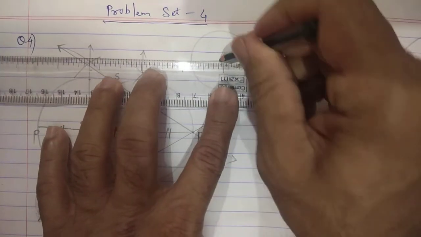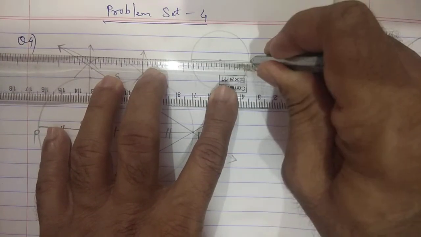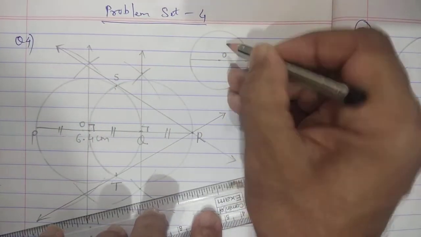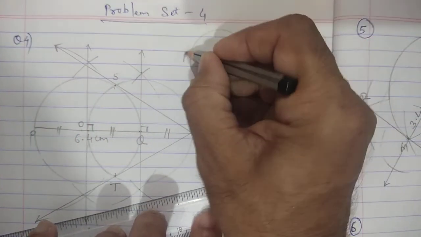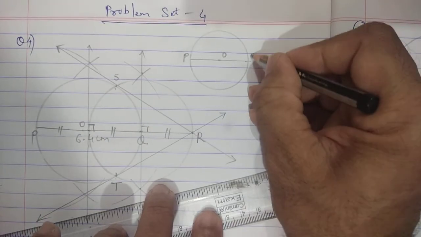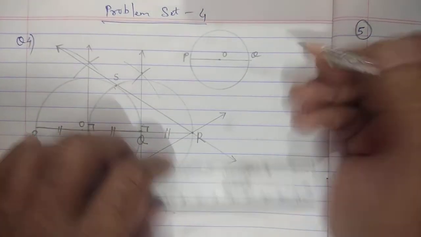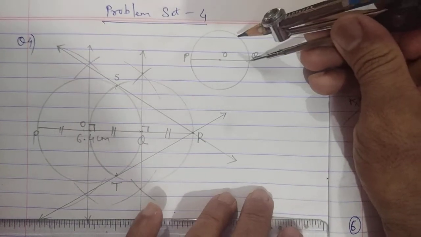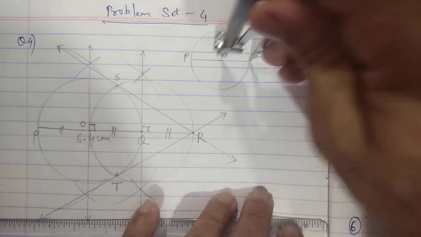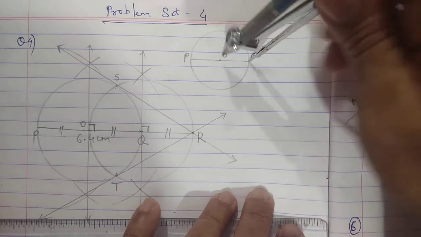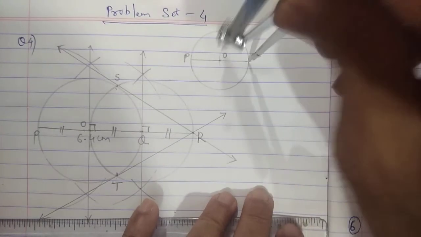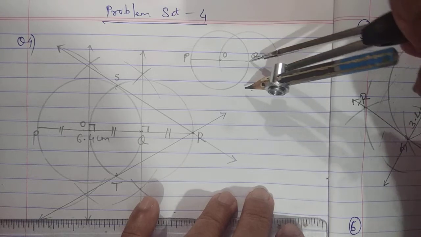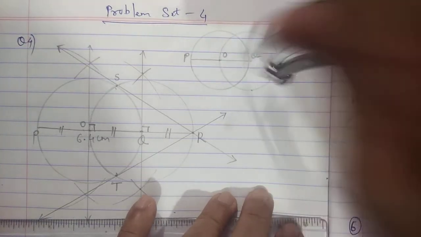So this is your point O, point P, point Q, right? And according to that now you draw another circle from point Q with the same radius. As soon as you get point Q, draw another circle with the same radius. So both the circles will be of equal size. Remember it.